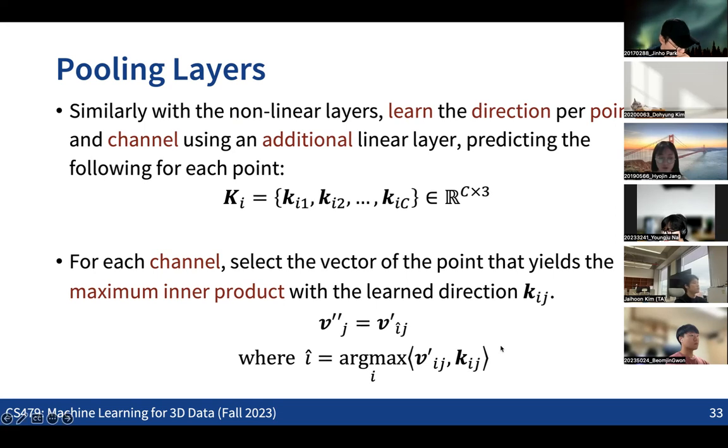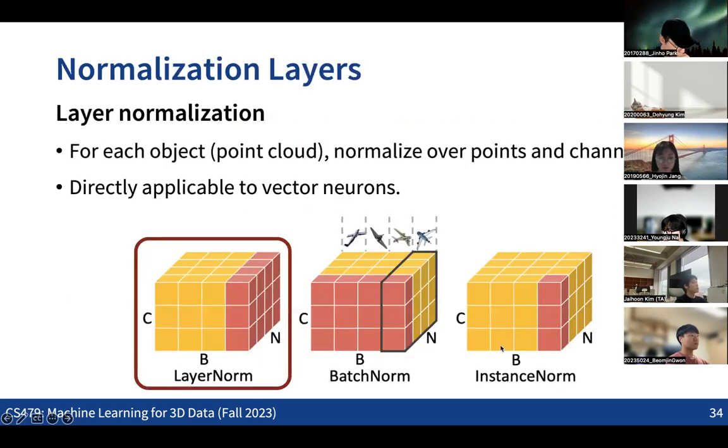Then the one remaining thing would be the normalization layers, right? For normalization, there can also be multiple ways to normalize the input data. If you took some deep learning courses, there are various normalization techniques. We can apply layer normalization, instance normalization, or batch normalization.